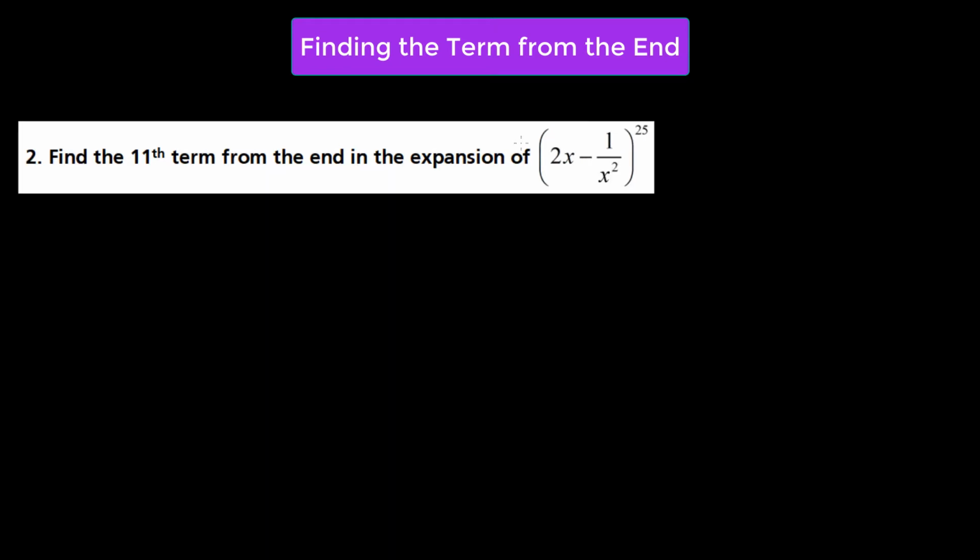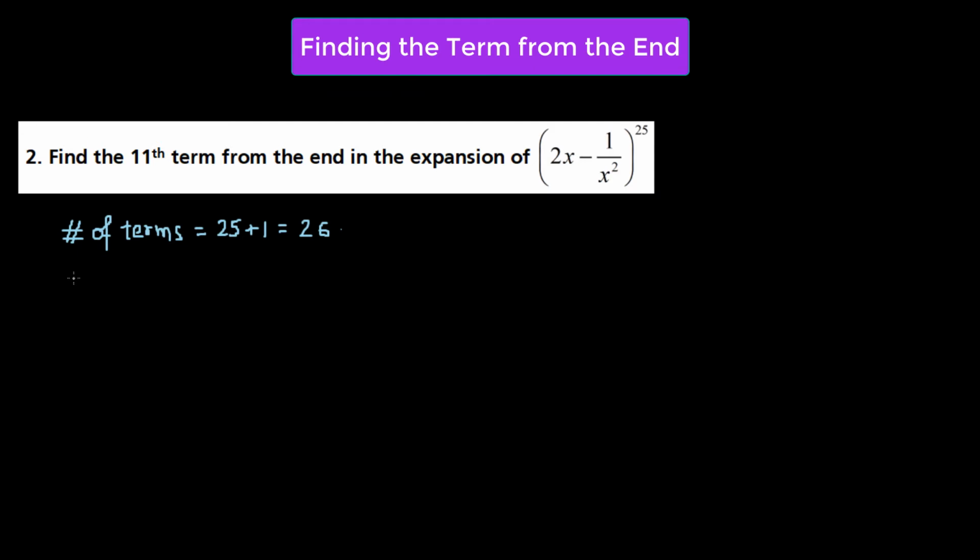So this is similar to the previous one. Here we have to find the 11th term from the end in the expansion of this. The number of terms is going to be equal to 25 plus 1. So this is 26 terms.